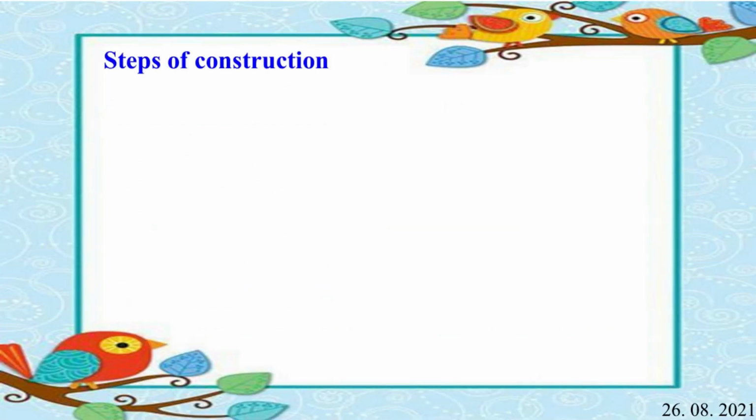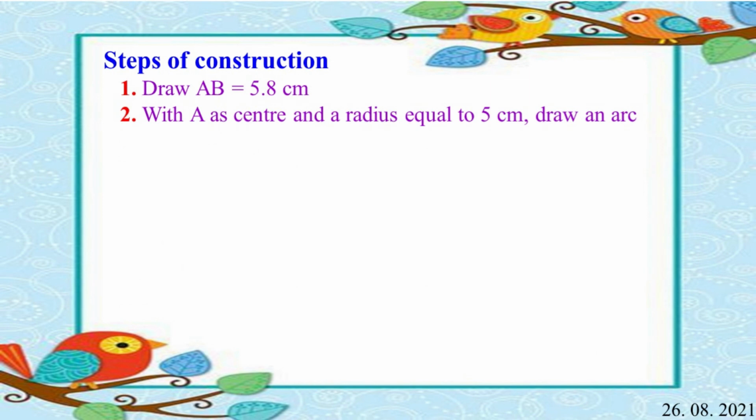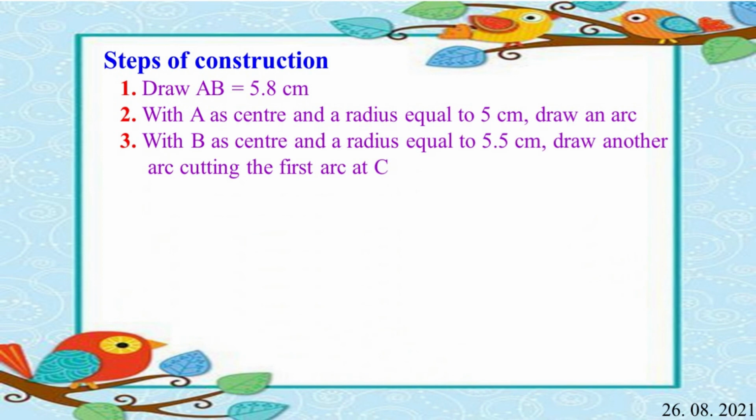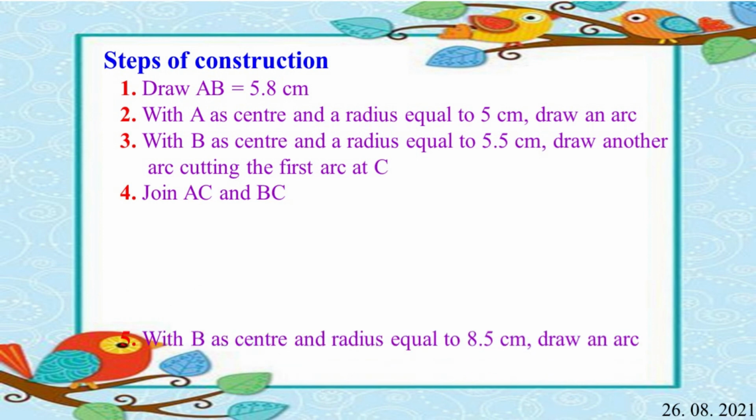Now we write the steps of construction. First step, draw AB equal 5.8 centimeter. Second step, with A as center and a radius equal to 5 centimeter, draw an arc. Third step, with B as center and a radius equal to 5.5 centimeter, draw another arc cutting the first arc at C. Fourth step, join AC and BC.